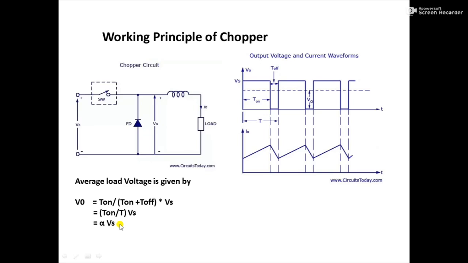So duty cycle alpha is nothing but T on divided by T.